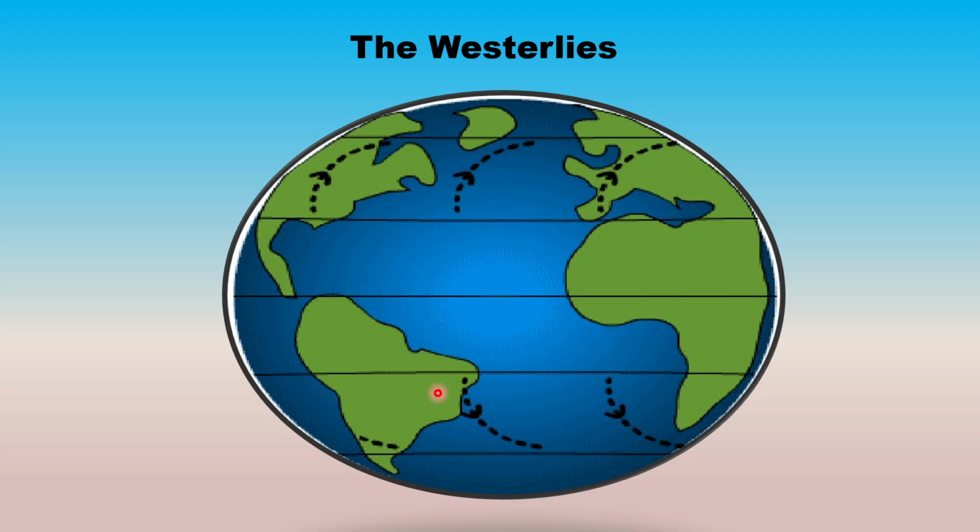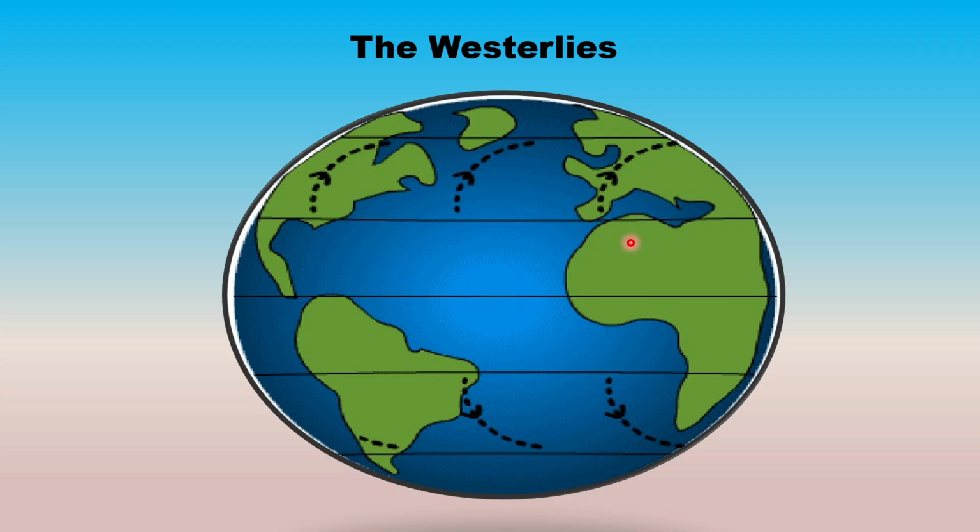They are not as constant in strength and direction as the trades which blow over here. As a result, they are characterized by cyclones and anticyclones. Thus, the temperate regions over which the westerlies blow have a variable climate.